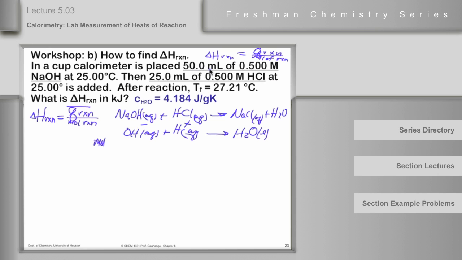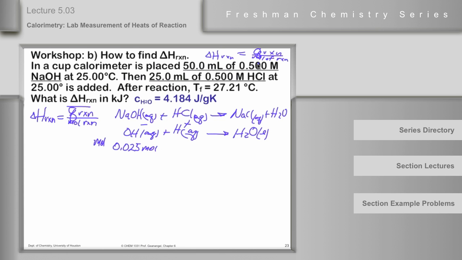And HCl, there's half the volume of that solution, 25 milliliters instead of 50. So it's going to be half the number of moles since the molarity is the same. So this is 0.0125 moles of H+. So as we look at this, how many moles of reaction will there be?